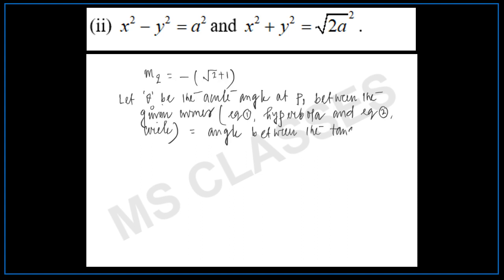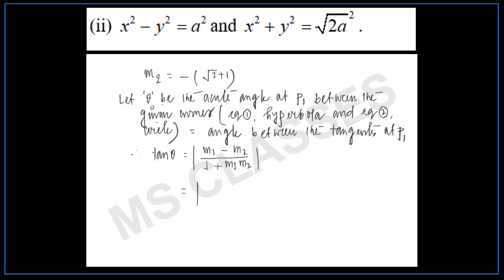So we can write that, therefore, tan theta equals mod of m1 minus m2 by 1 plus m1 m2.